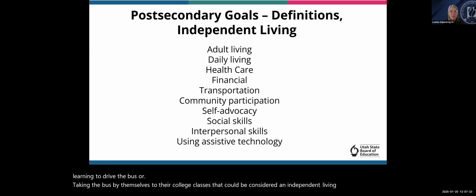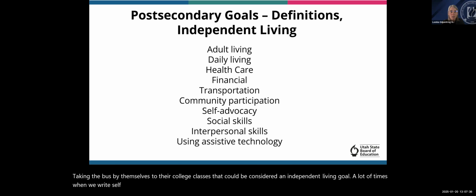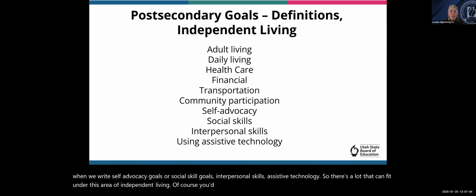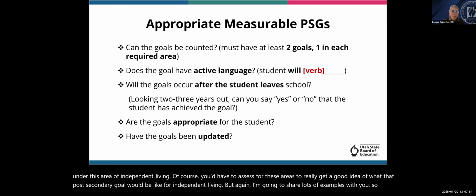A lot of times when we write self-advocacy goals or social skill goals, interpersonal skills, assistive technology. So there's a lot that can fit under this area of independent living. Of course, you'd have to assess for these areas to really get a good idea of what that post-secondary goal would be like for independent living. But again, I'm going to share lots of examples with you. So hopefully you'll feel more comfortable.